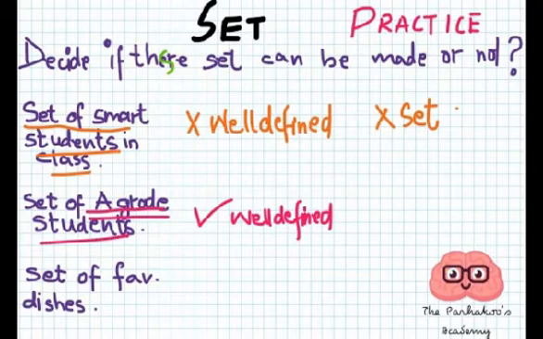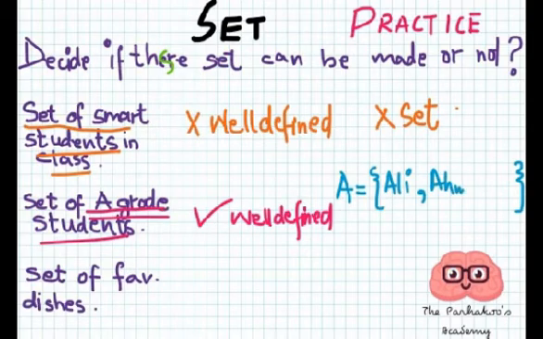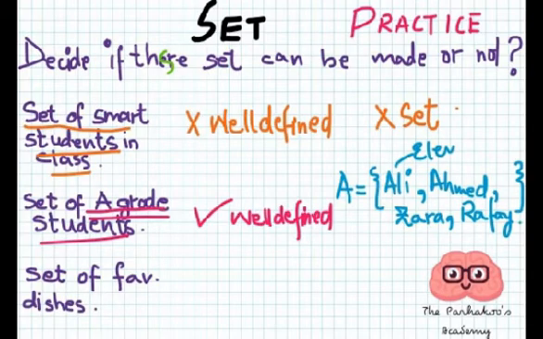Now let's name the set A, since it starts with A, the A grade students, and all the students who are A graders, for example, Ali, Ahmed, Zara, and Rafi. Let's suppose these were the A grade students. So we have come up with a set. These are the elements, and this is the name of the set.